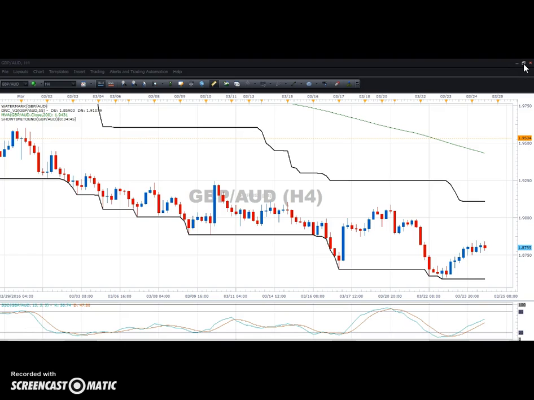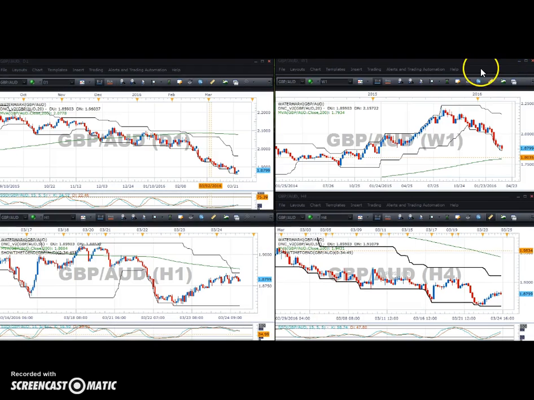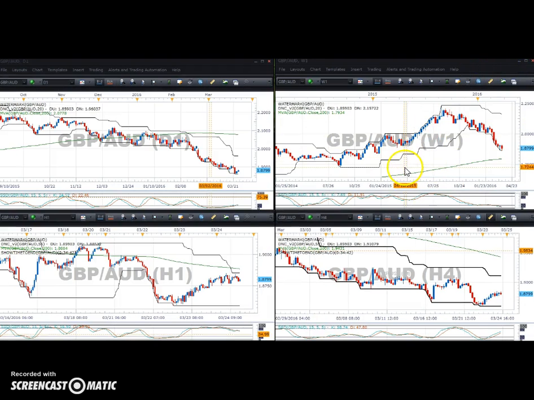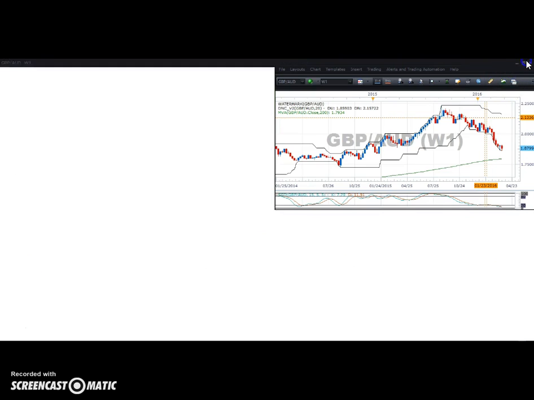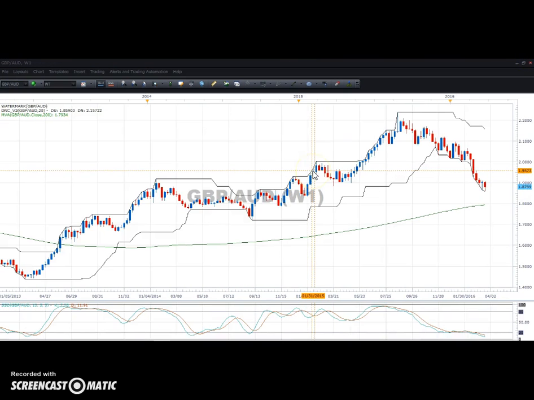Now, what I like to do once I determine where I'm going to set my price alarm or where I might place my entry order is go to the weekly chart to see, okay, let's say I get short at that point. How much room to run does this particular currency pair have? I'm going down, so I want to see where the next level of support is. The next level of support would be back here at roughly 183.69, this low right here.